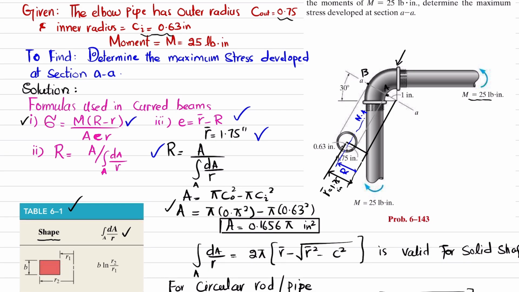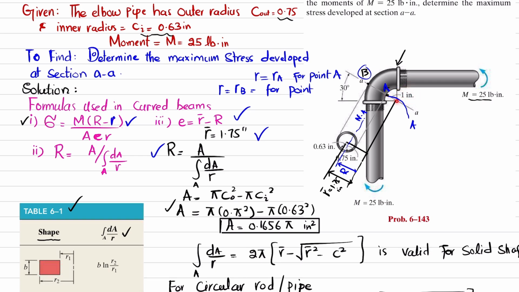So for point A, this is your point A. This small r will be equal to RA for point A. And for this point B, this r will be equal to RB for point B. And we know that RA is distance from center of curvature till point A, which is 1 inch.